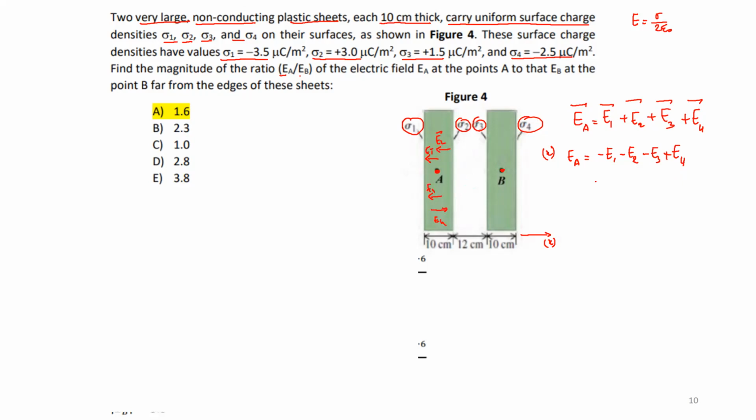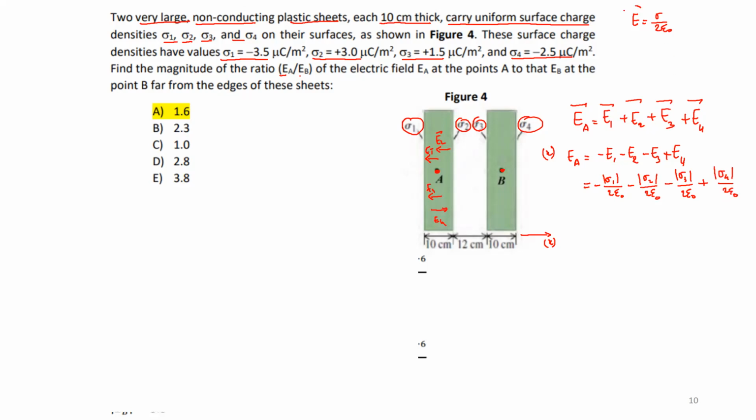Okay. So this will give me minus absolute value of sigma 1 divided by 2 epsilon naught, minus absolute value of sigma 2 divided by 2 epsilon naught, minus absolute value of sigma 3 divided by 2 epsilon naught, plus absolute value of sigma 4 divided by 2 epsilon naught.